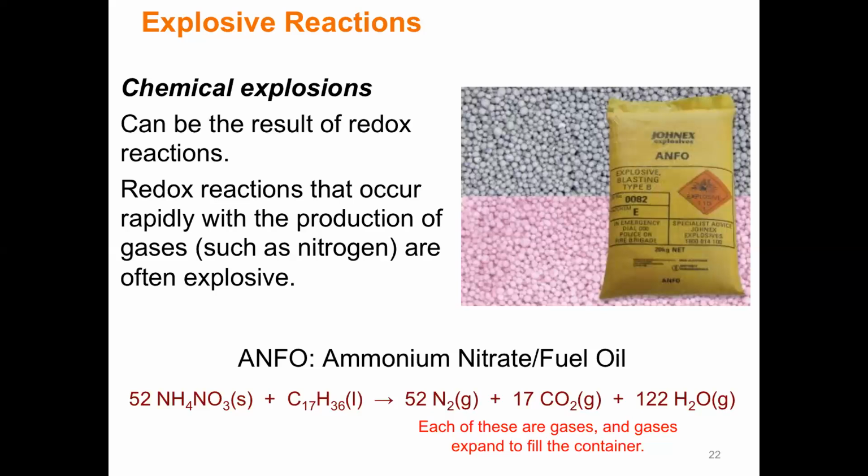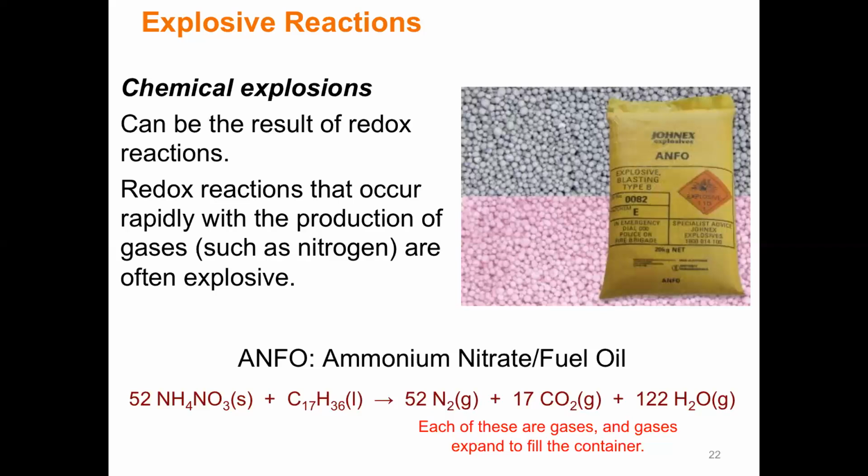I was watching Stargate, and they always use C4. I don't know what C4 is, so if you want to look that up, you can. But obviously, it's a solid, and it expands, obviously, and explodes. Whatever C4 is, like carbon, 4 carbons, I'm not sure. Anyhow, I could look that up. But anyways, explosions. I'm going to guess that's going to be some sort of redox reaction there as well.